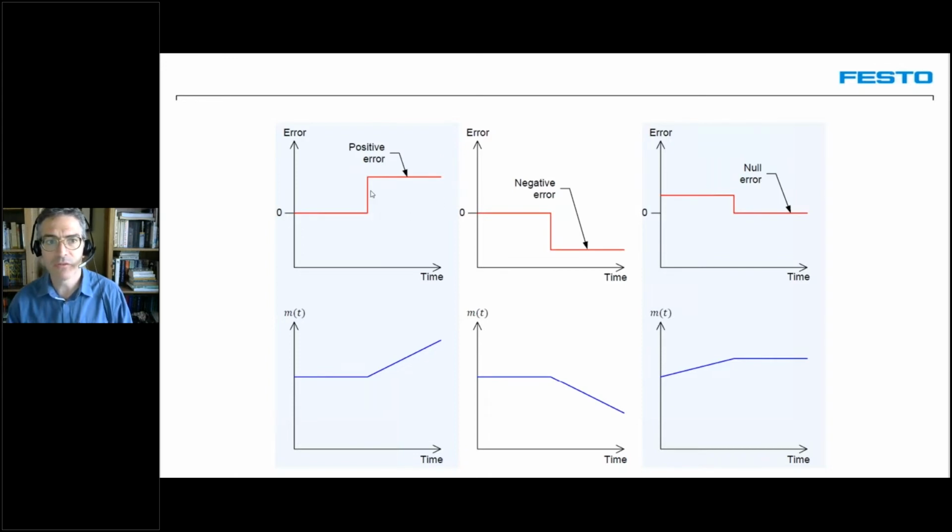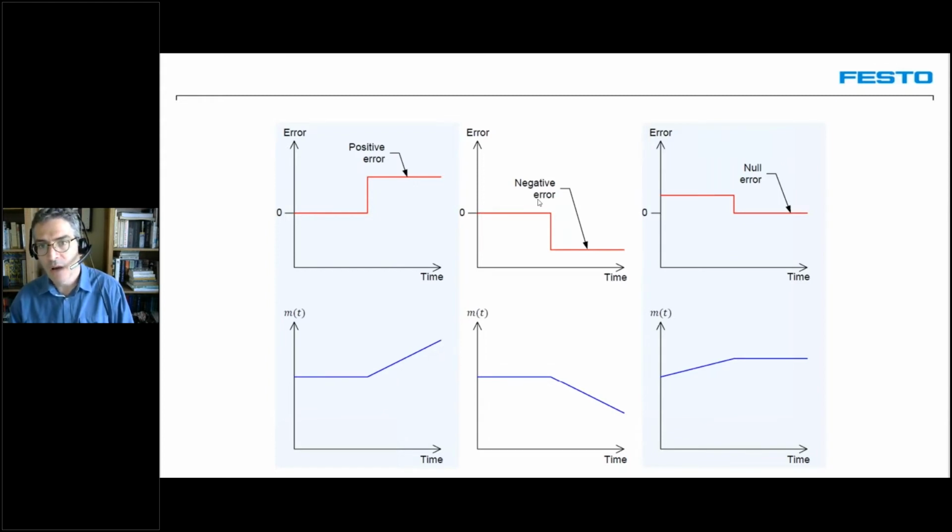If I add up the sum at this point in time, I will have this little area under my curve, which will yield a small increase in my integral parameter. But as the time goes by, as you can see, the area under the curve becomes larger and larger, which means that the response of my controller also becomes larger and larger.